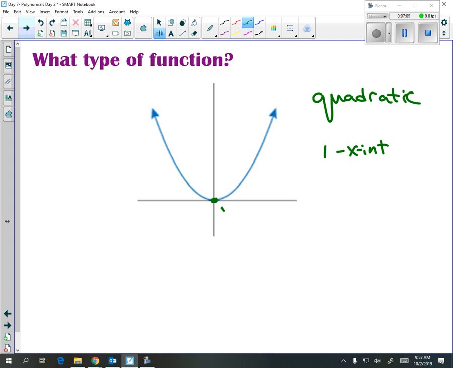This also has 1 minimum. Now, if it has 1 turning point, and if your number of turning points is 1 less than the degree, 1 more than your number of turning points would be a degree 2. That lets me know that this is a quadratic.